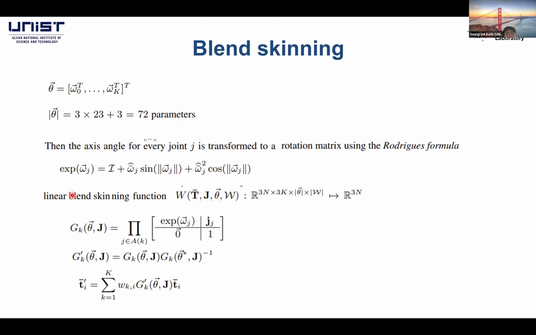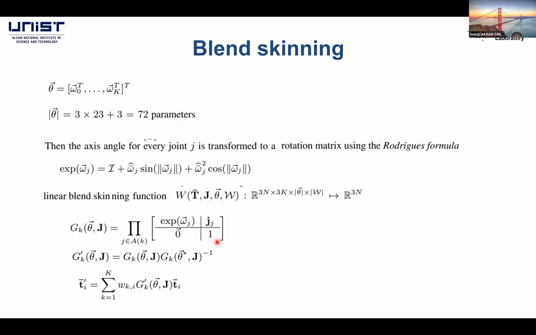Then using this formula, first we make the G of K, which is the same 3 by 3 rotation matrix, and also counting in the translation, we make a 4 by 4 matrix.